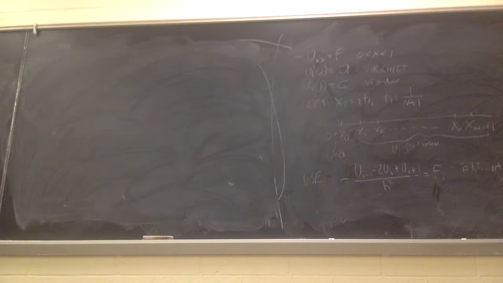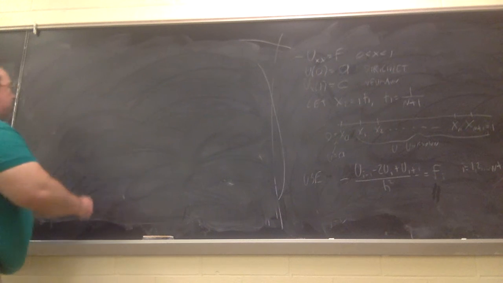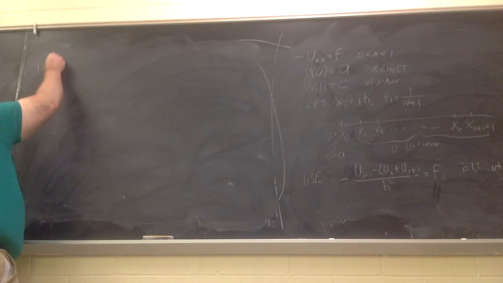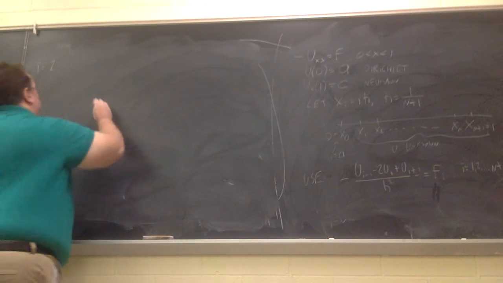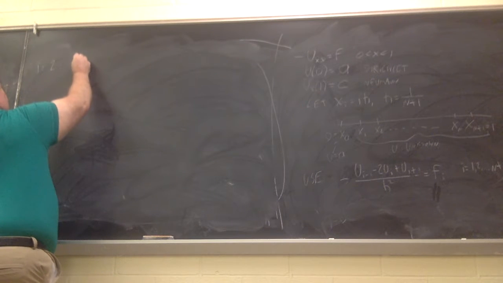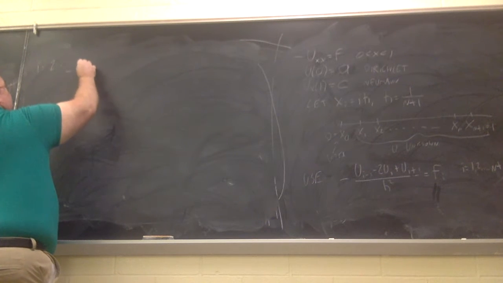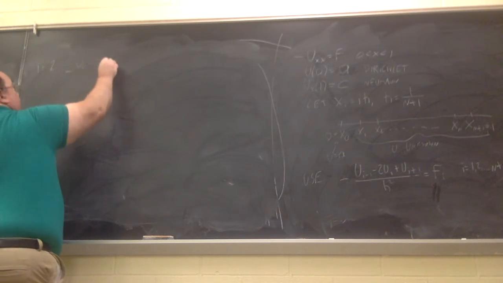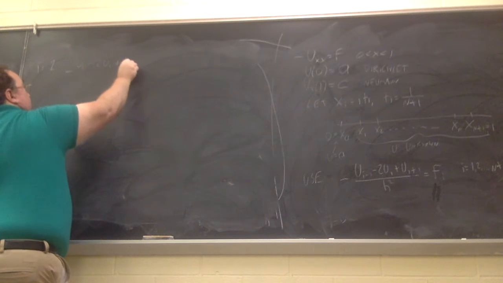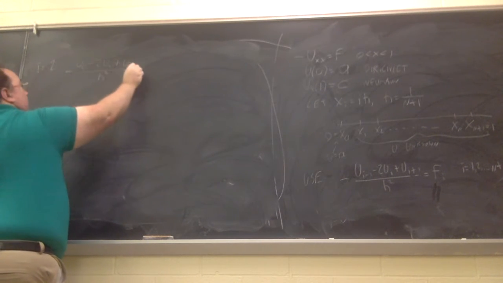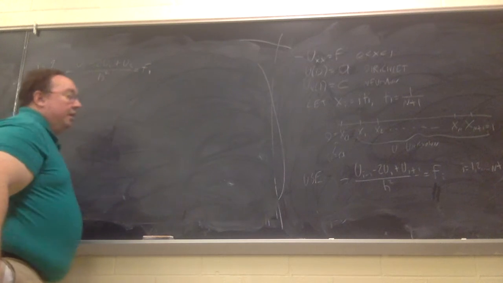Now, Dirichlet boundary condition is definitely the easier one to handle. So when i equals 1, I fill in the specific values of the i indices. We have minus, okay, so 0 minus 2u1 plus u2 over h squared is equal to f1.